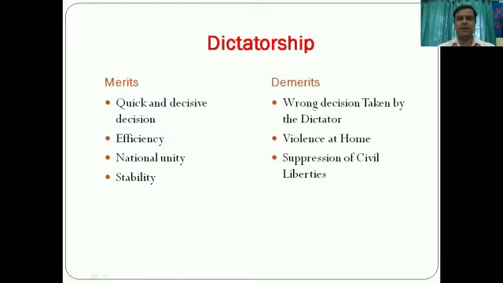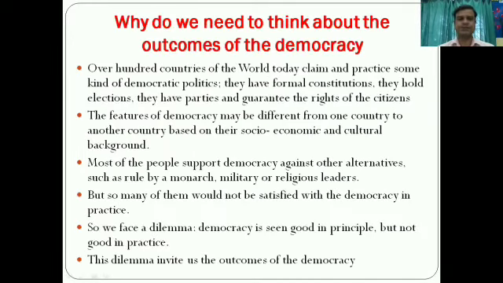These are the most important points of merit in dictatorship. But there are a few demerits as well. Wrong decisions taken by the dictator in most of the cases, violence at home, suppression of civil liberties because it is dictatorship, no civil liberties.